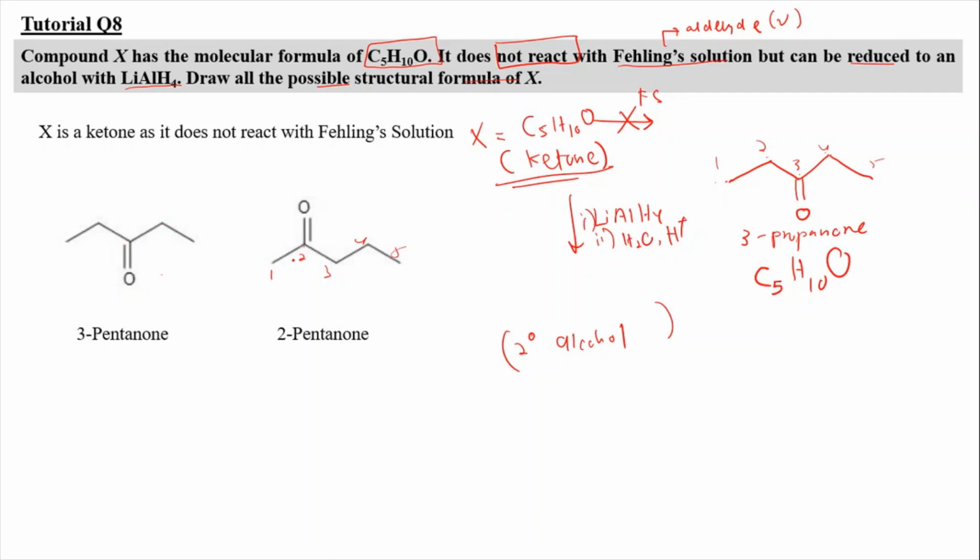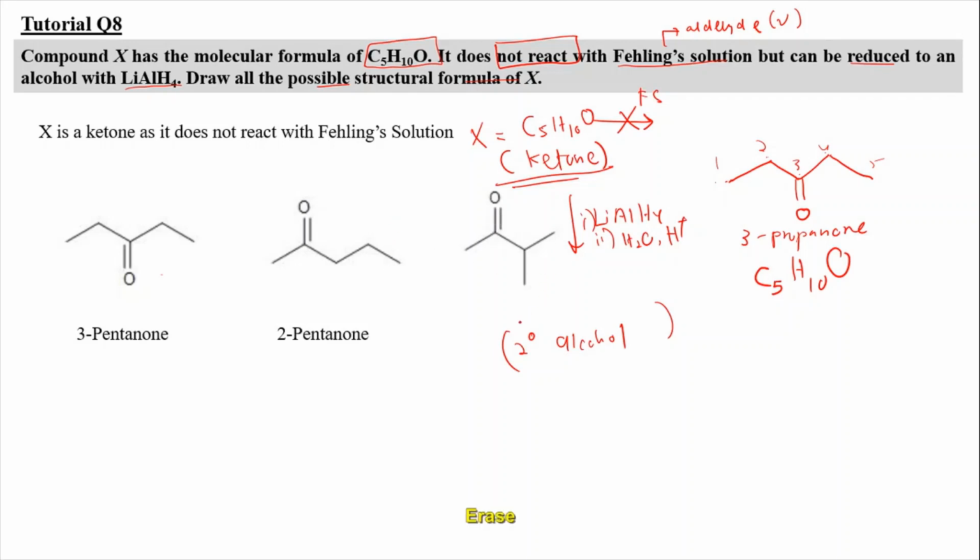Okay, so this one is the first structure, second structure, and then maybe another structure that we can do is that we can bring our carbon chain into here so that we can get another structure. Okay, so let's draw that.